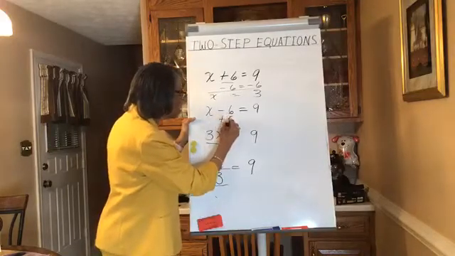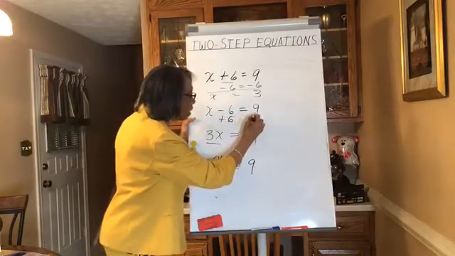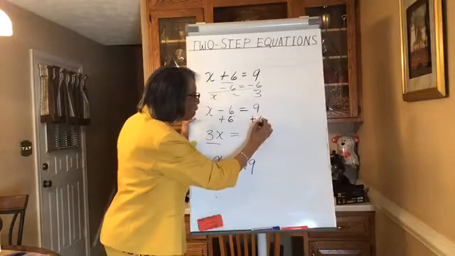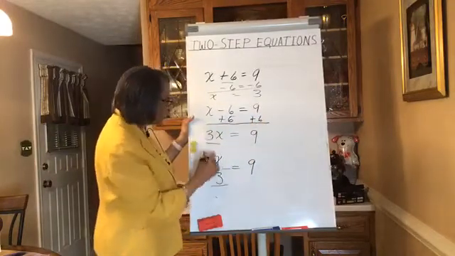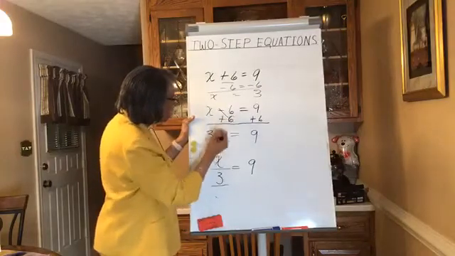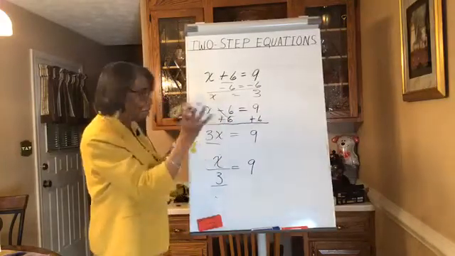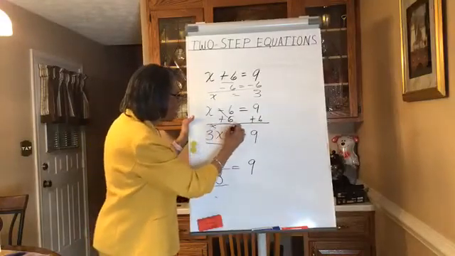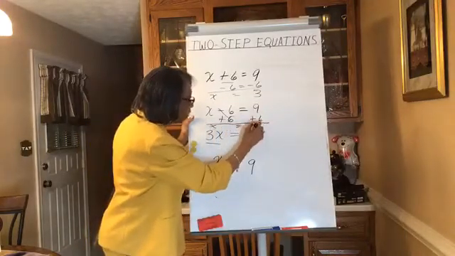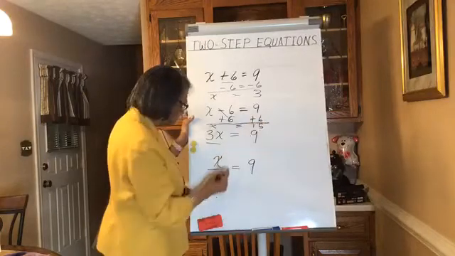So we add 6 to both sides. And of course, negative 6 plus positive 6 gives us 0. So we have x equals 9 plus 6, 15.